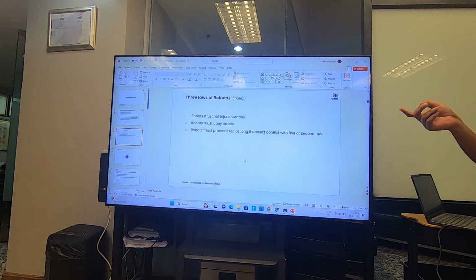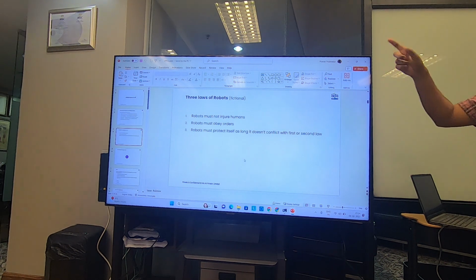And third, it should always protect itself until the third point gets conflict with first and second point. So we will see a movie where the robot refuses to follow these laws. Clip, yeah.